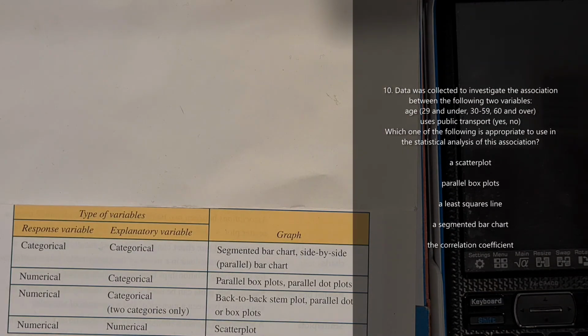Data was collected to investigate the association between the following two variables. We have age, and the categories are 29 and under, 30 to 59, and 60 and over. And uses public transport, options of being yes or no. Which of the following is appropriate to use in the statistical analysis of this association?